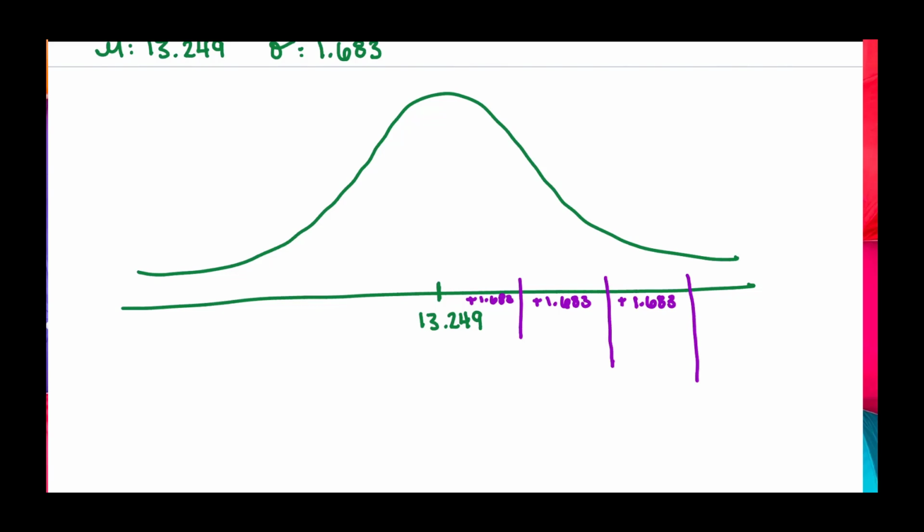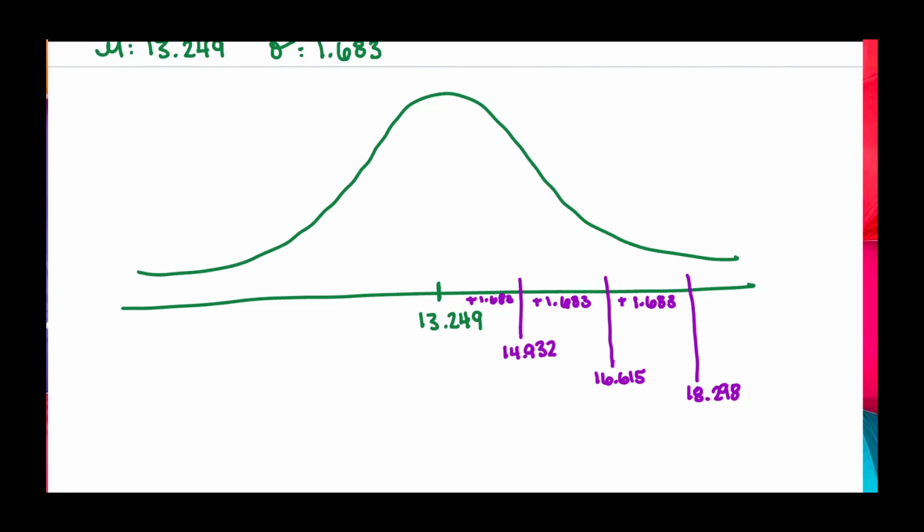All right, so the first time we add, I believe you get 14.932, and then if you add it again, you get 16.615, and if you add it again, you get 18.298. If you need to pause the video to draw this out, or to add these numbers to make sure you get the same thing as I got, then go ahead and do that.